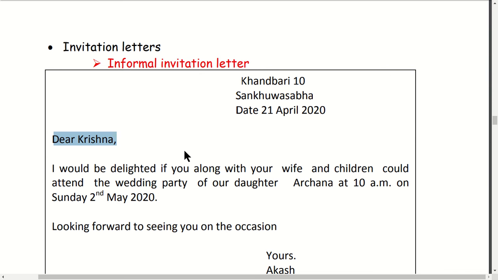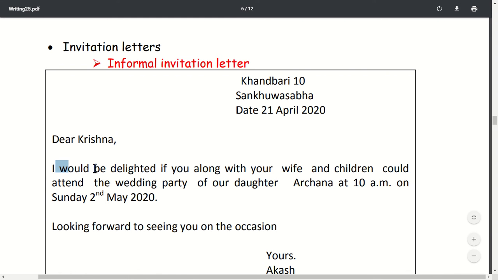I would be delighted, I would be happy if you along with your wife and children could come. Generally, the letter writer is inviting Krishna to the wedding party of his daughter. Let's say, I would be delighted if you, along with your wife and children, could attend the wedding party of our daughter, Archana, at 11 a.m. on Sunday in May.